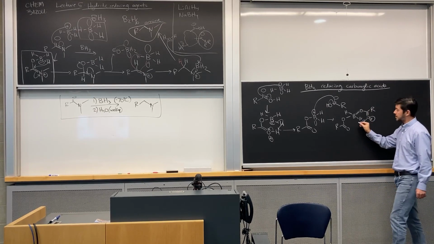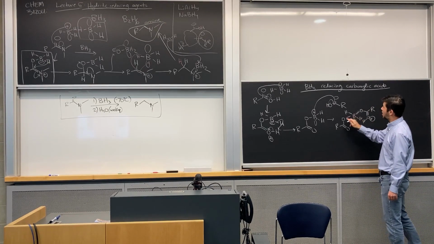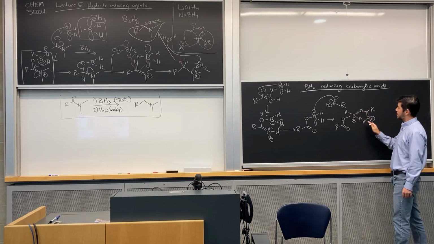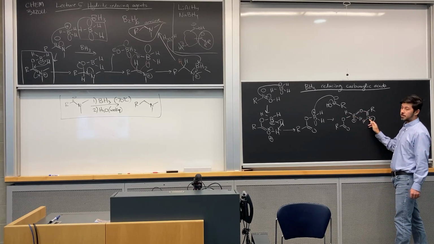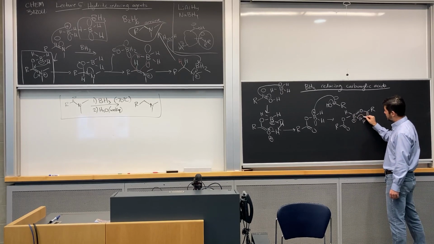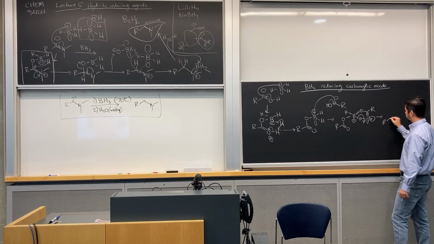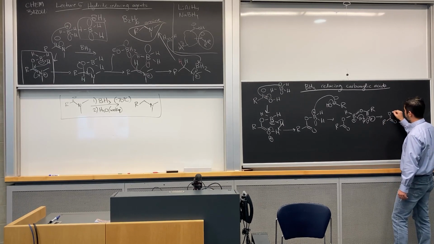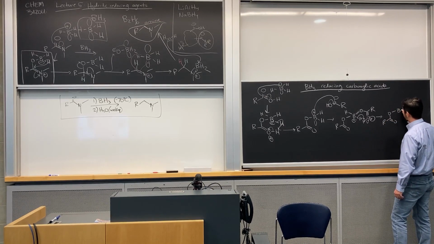this type of intermediate. Now you have two oxygen-boron bonds here, positively charged oxonium ion, and you're going to do the same acid-base chemistry to give you this product here.